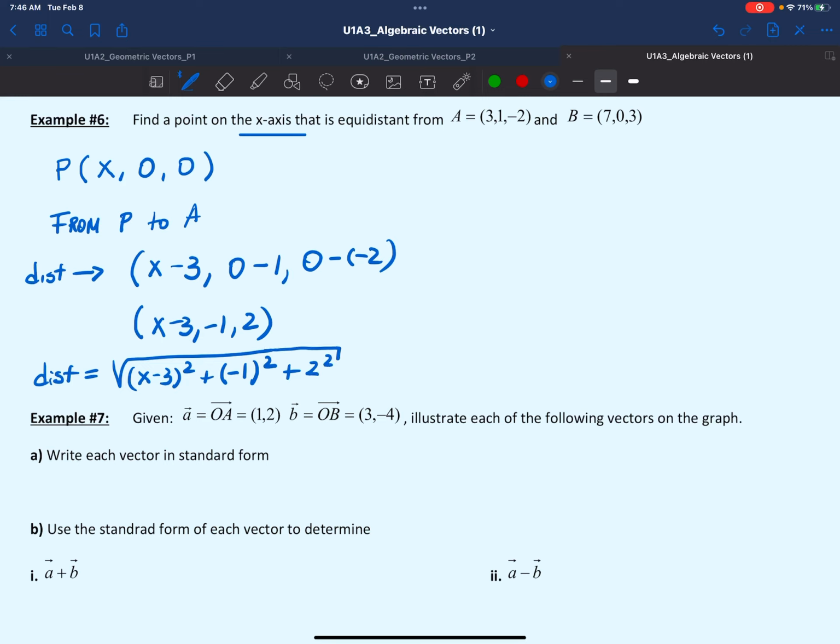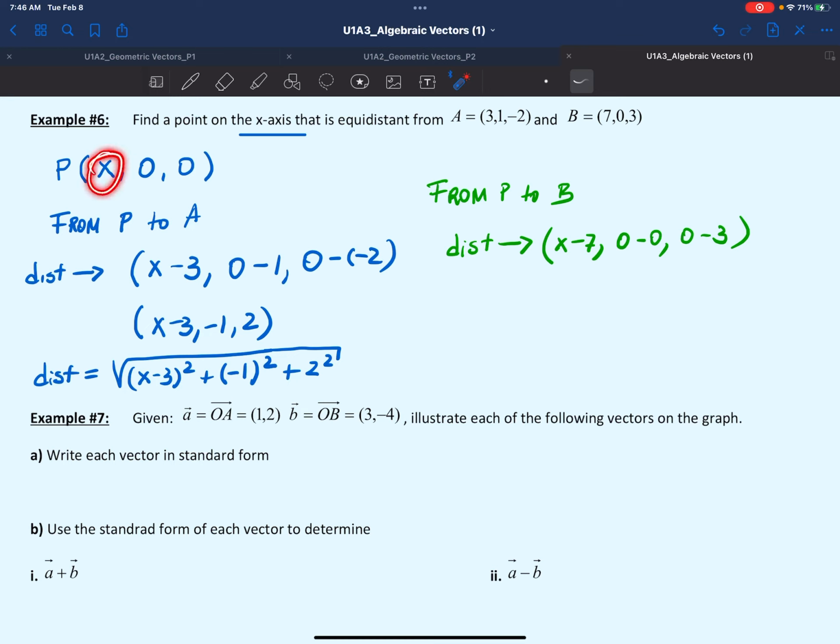So in the meantime, we want this same point P to be equidistant from B. So here we're going to write from point P to B, we want to find the distance, which is defined by the coordinates x minus 7, 0 minus 0, and 0 minus 3. Again, in a similar way, this would be x minus 7, and then 0, and then -3.